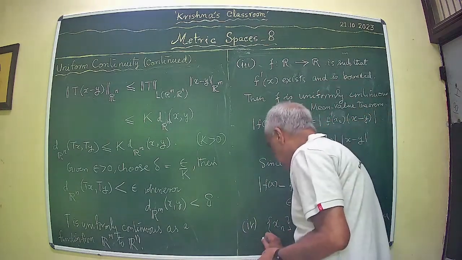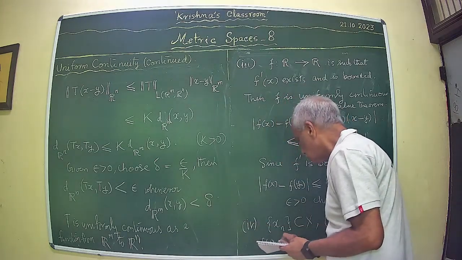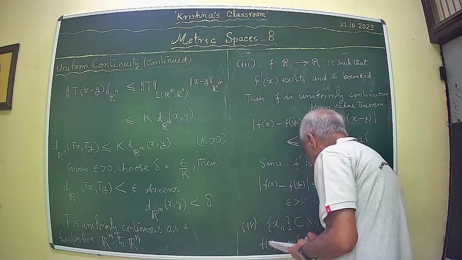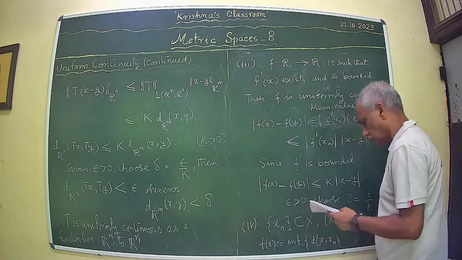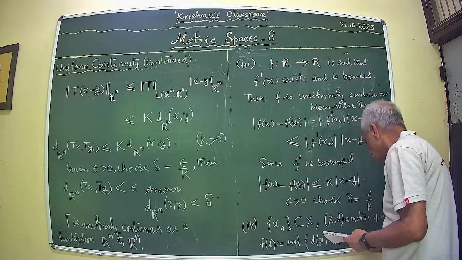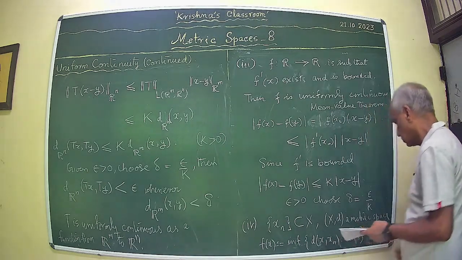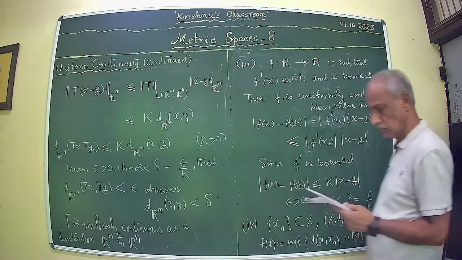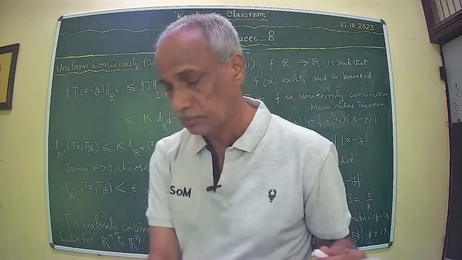Now define f of x to be equal to the infimum of distances from x to xn. Then one can show that this is uniformly continuous.